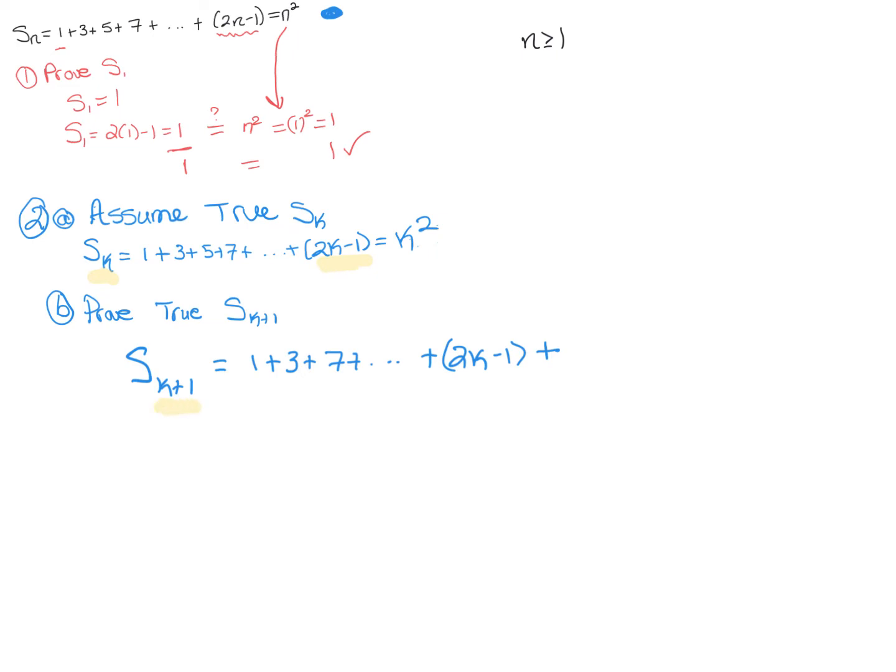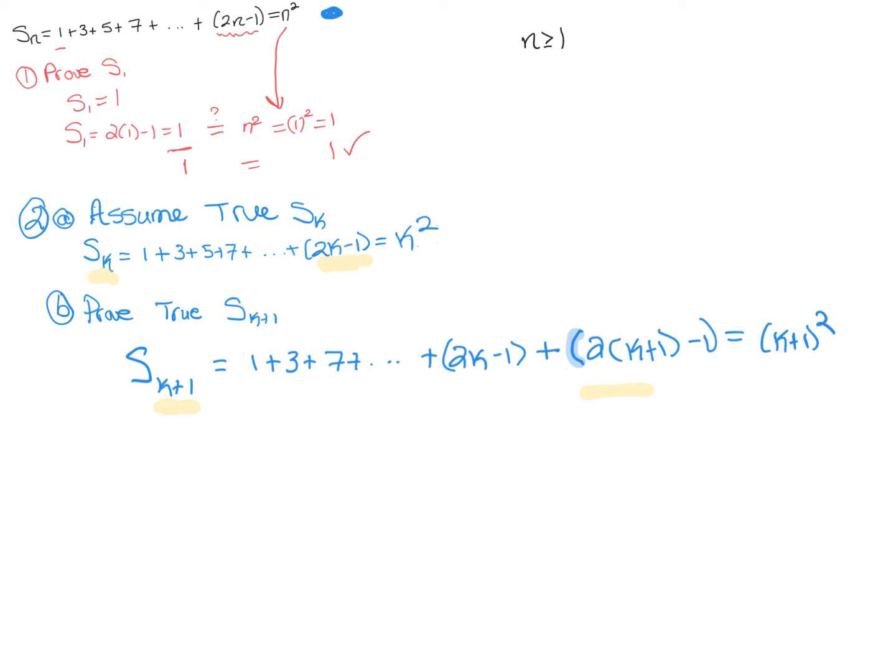But now I'm doing k plus 1, so I have to add on the k plus 1 term. So for that, it's going to be what this formula was before it. Okay, so that's going to be parenthesis 2 times k plus 1 and then minus 1. This is going to now equal not k squared, but k plus 1 squared.